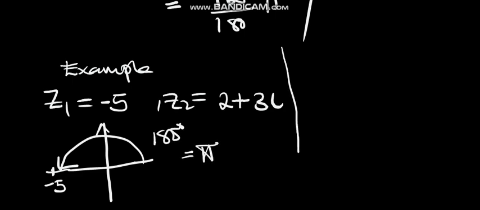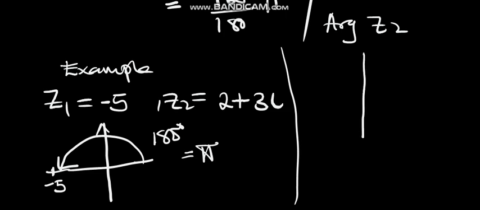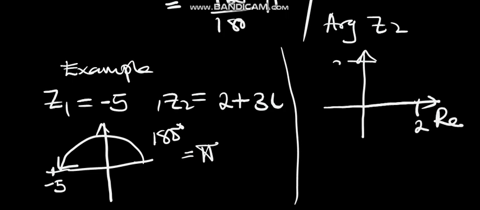Now also let us find the argument of z2, and the argument of z2 we have to sketch. So we have a 2 on the real axis and a 3 on the imaginary axis.